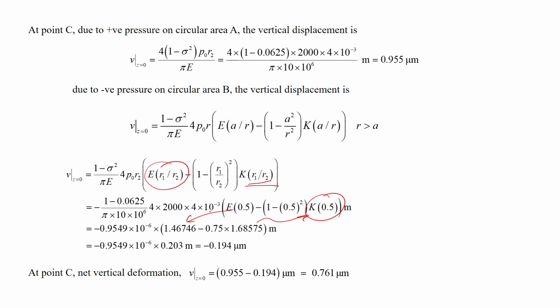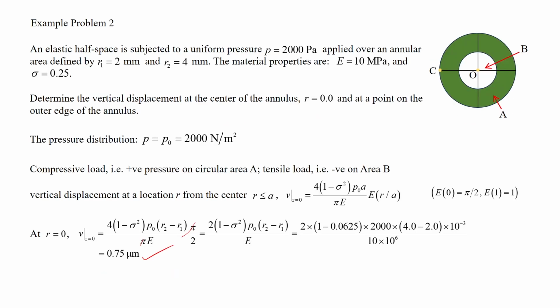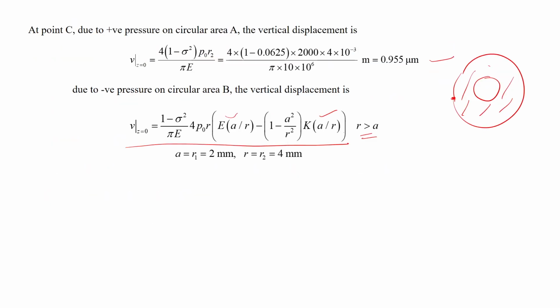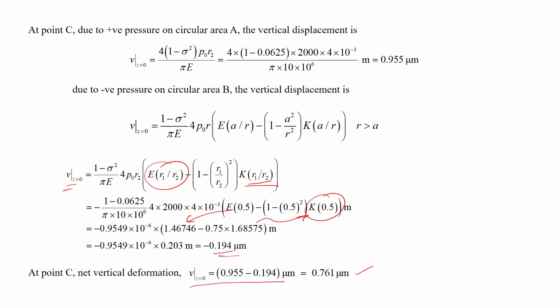Using all this, we finally get that V for this case comes out to be 0.194, but this is in the tensile load because we have to subtract it. So, it is minus here. So, 0.955 minus 0.194 gives us 0.761 micron. So, that is actually the result. This is the amount of vertical displacement that will be there at that particular point.